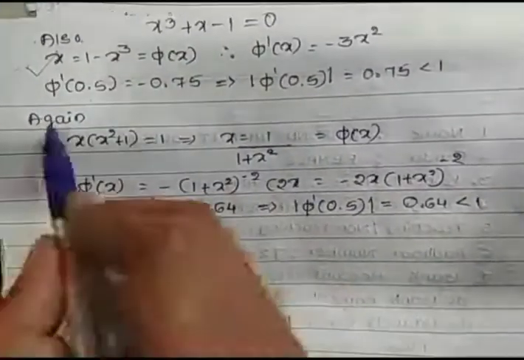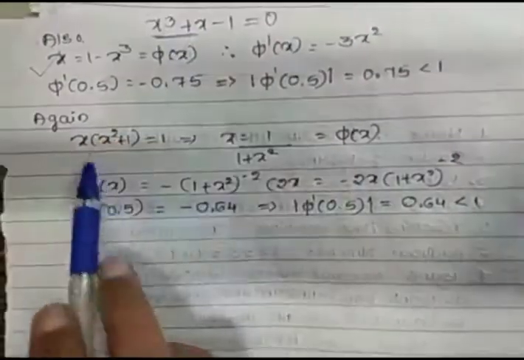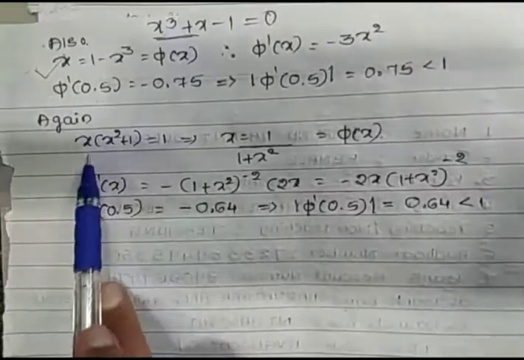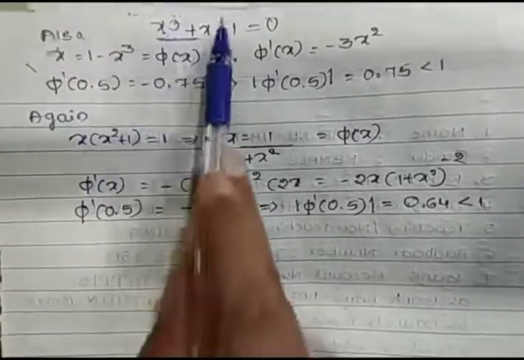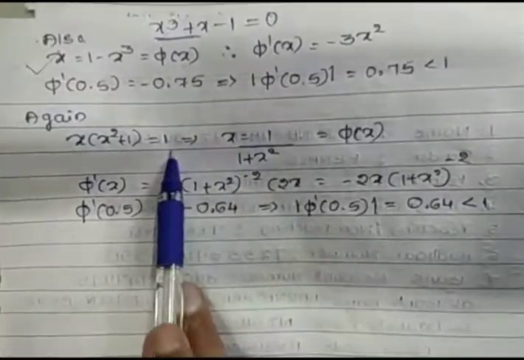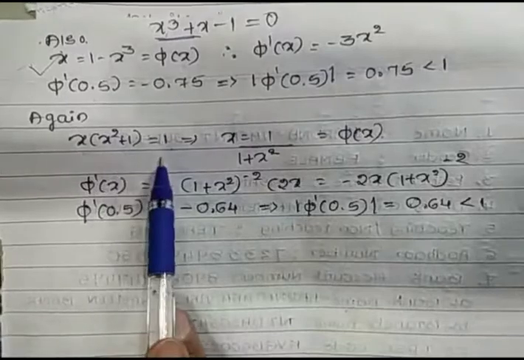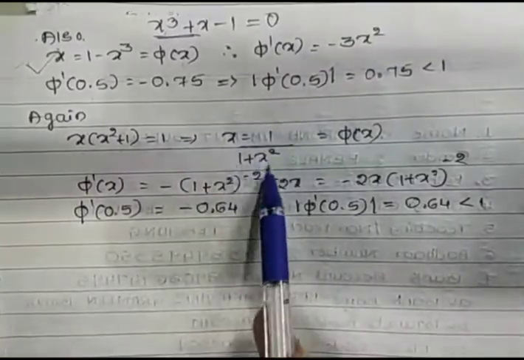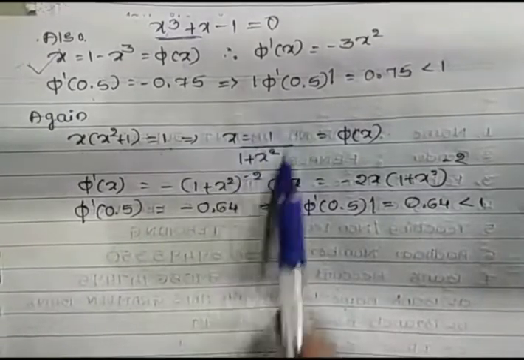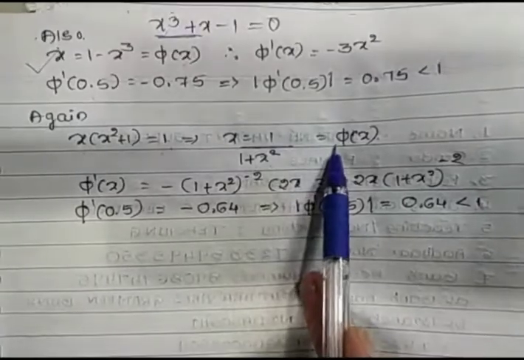Okay. Then one more alternative method. Again, how can we write it: from these two terms take x outside. If you take x outside, then what will remain? x square plus 1. Take minus 1 this side, then it is plus 1. So x is equal to, take this multiplied term to the other side of the equation, then x is equal to 1 divided by 1 plus x square. So again this is one more new equation in terms of phi of x.